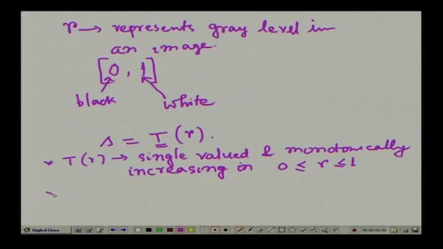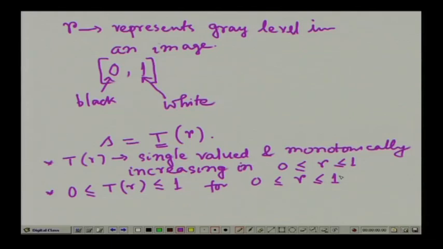And the second condition that T(R) must satisfy is 0 less than or equal to T(R) less than or equal to 1 for 0 less than or equal to R less than or equal to 1.